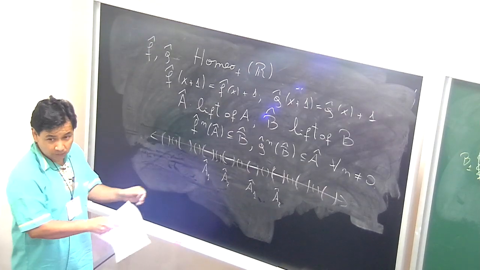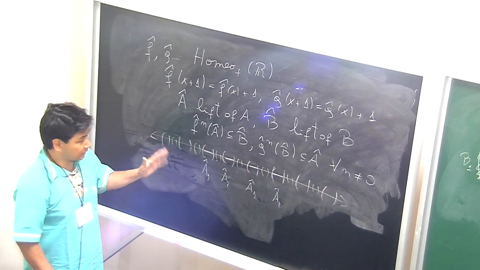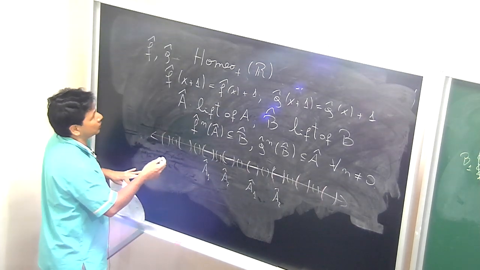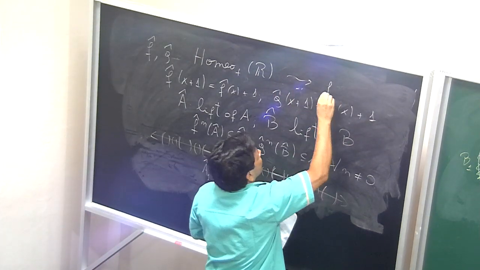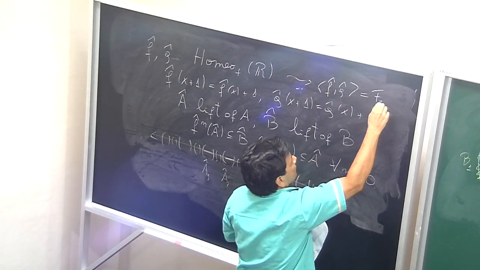Okay? So you have this ping-pong dynamics, except that these sets are infinite, but it doesn't matter. So the conclusion is that the group generated by F and G is a free group.